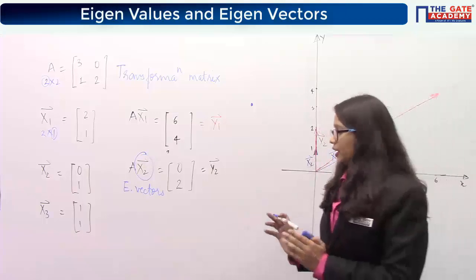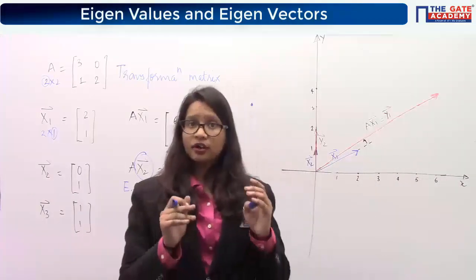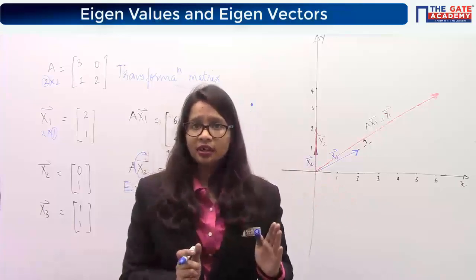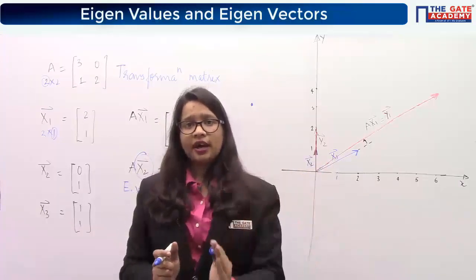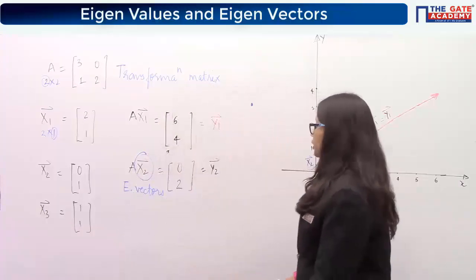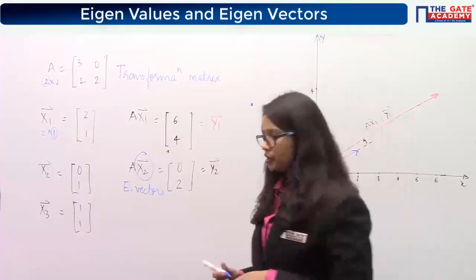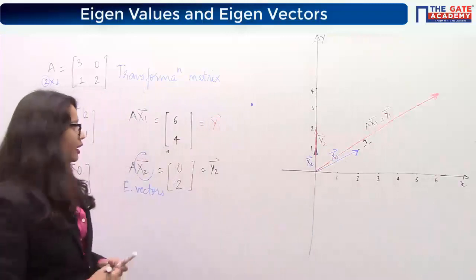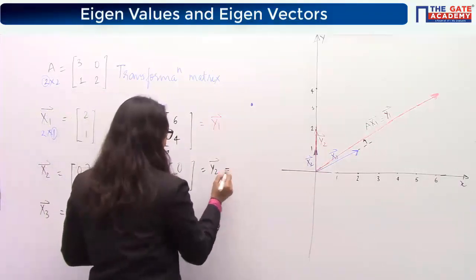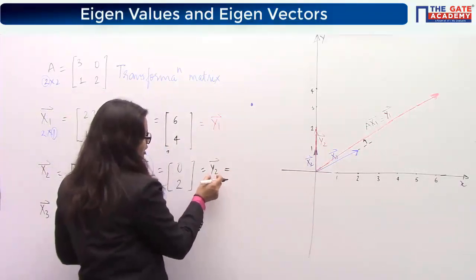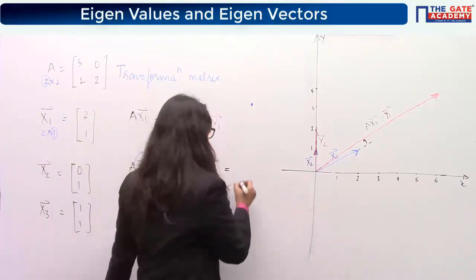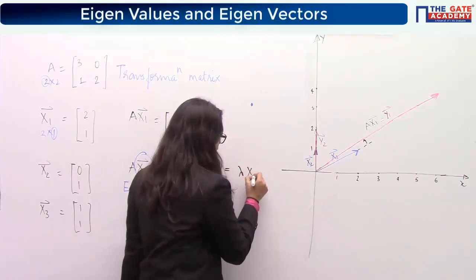What are eigenvectors? Eigenvectors are those vectors which on performing transformation do not have any change in their direction but only change in their magnitudes, and the amount by which they change is given by the respective eigenvalue. Because this y2 is nothing but a multiple of x2, I can write it as lambda times x2.